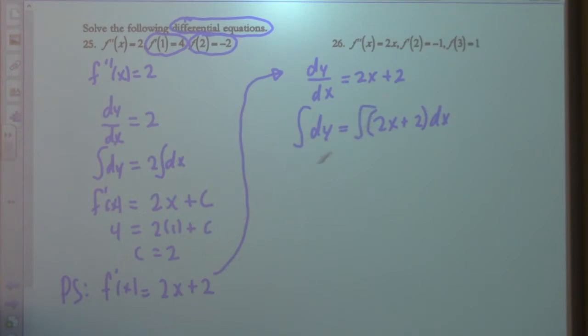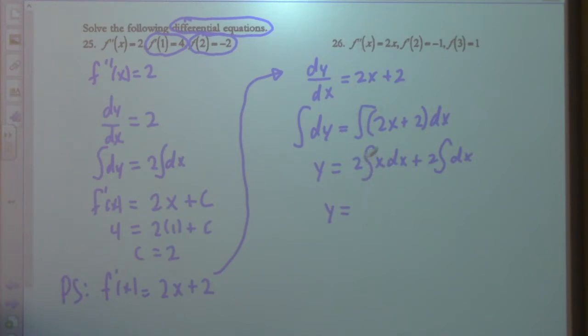And then, so we have y is equal to the integral, we'll say 2 integral x dx plus 2 integral dx, right? And then what? It can be 2x squared. Yeah, so you have 2 times x squared over 2, so that's going to cancel out this 2.